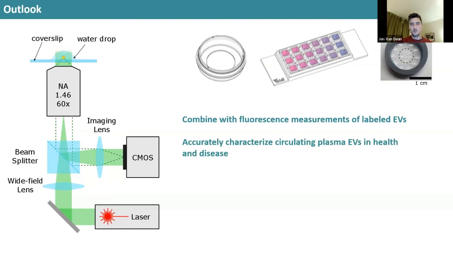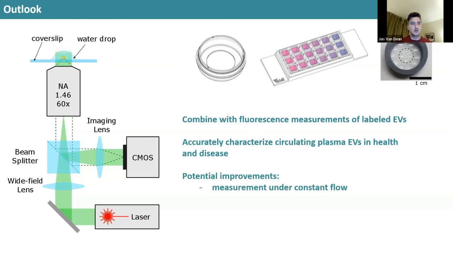We have a lot of clinical samples which we want to measure, to really accurately characterize them, both in terms of size and concentration, which was not possible until now, or at least not with the conventional NTA, because you always are measuring particles, but you don't really know if they are EVs. At least with the INTA, you have a much bigger certainty that you are really looking at the EVs themselves and not at other particles.